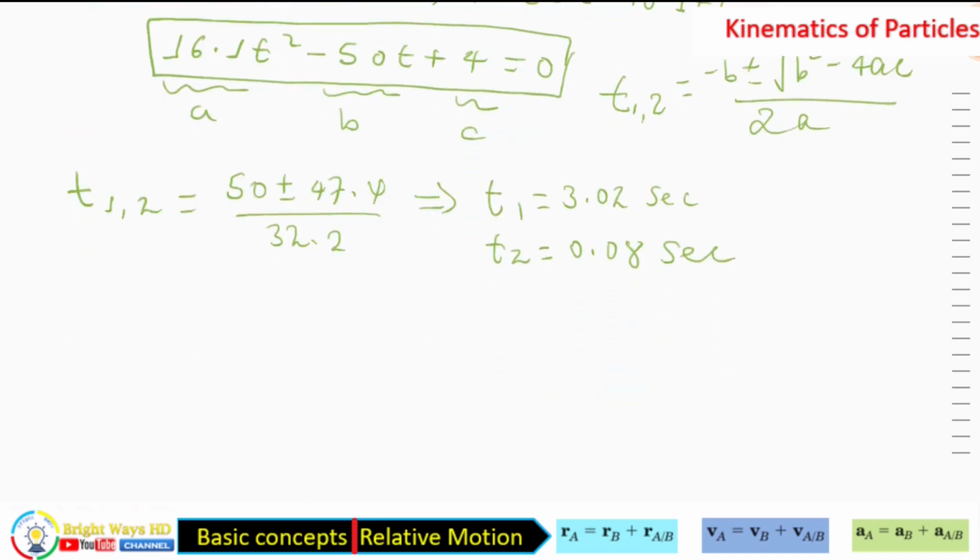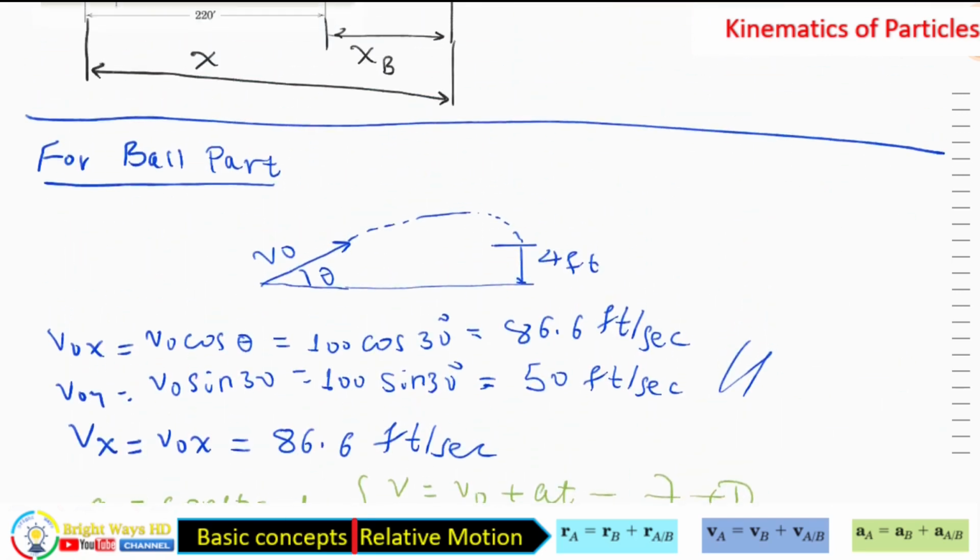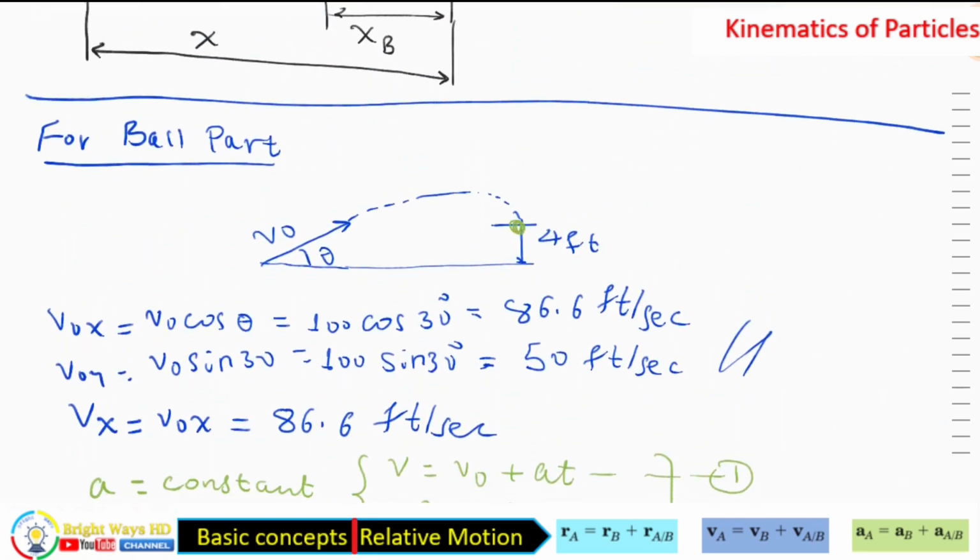Since both values are positive, they can be the answer, but which one will be the appropriate answer for the position when the ball passes over this position? It has no question. This one will be the maximum time, because at the minimum time the ball was just launched and was just approaching the initial position.